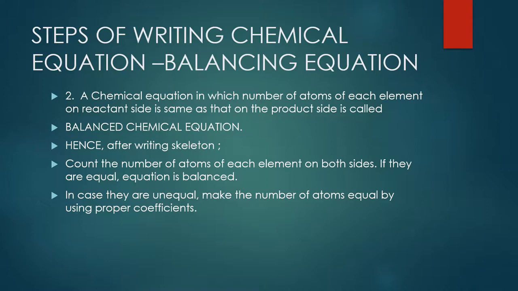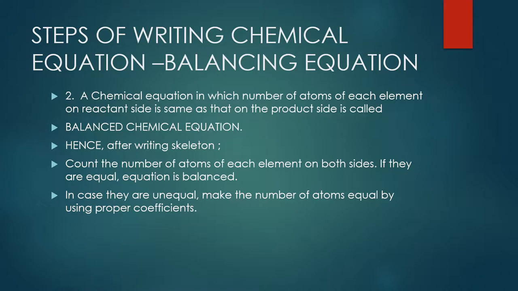Students, now after writing the skeleton of the chemical equation, the second step is balancing the chemical equation. But the question comes to mind, why do we need balancing of a chemical equation? All of you know, according to the law of conservation of matter, matter can neither be created nor destroyed. Thus, nor can atoms be.